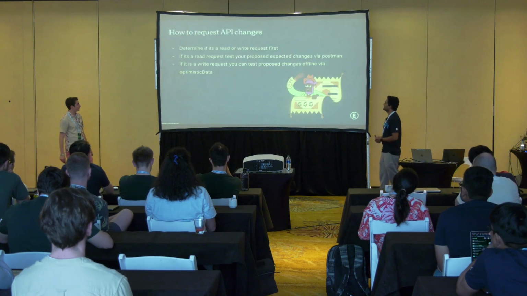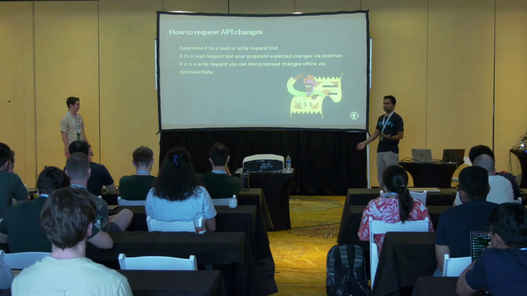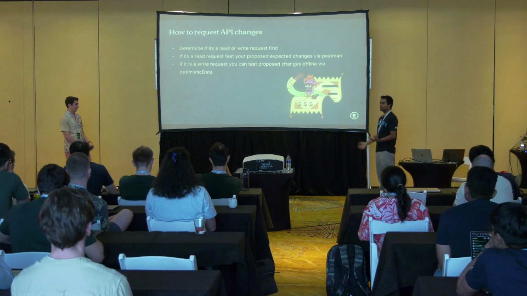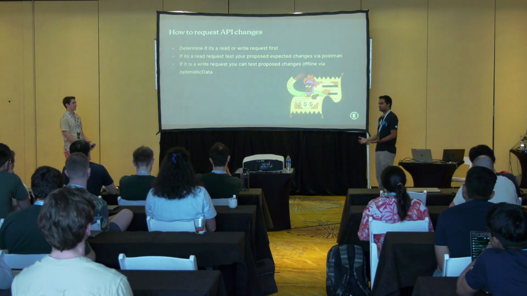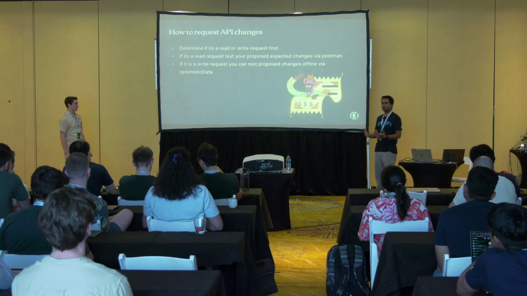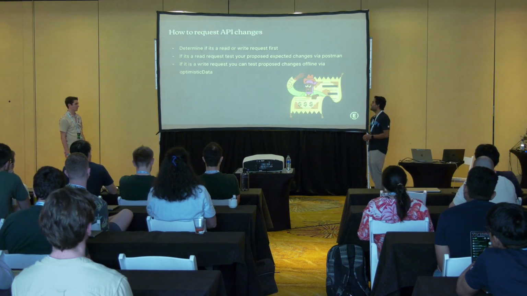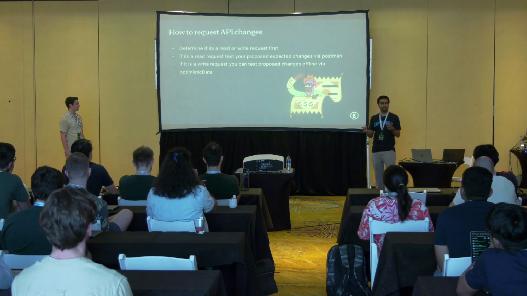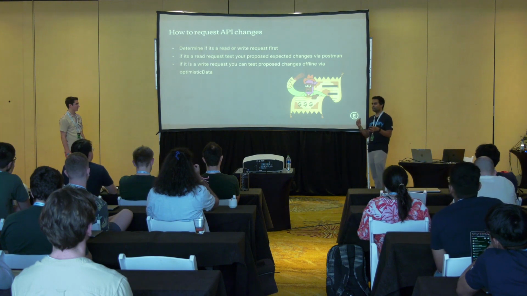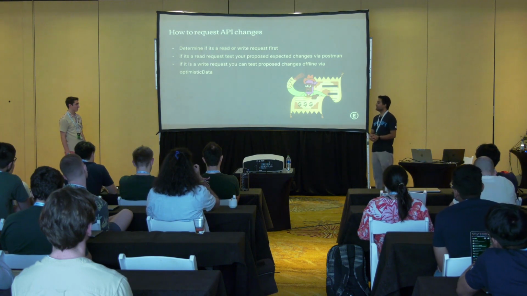Okay, go to the next one. And as external contributors, if you are ever requesting API changes, the first thing to think about is whether it's a read or write request because it'll impact performance slightly. If it is a read request, you can always test your changes in Postman. And someone here asked the other day, how can we test it even faster?